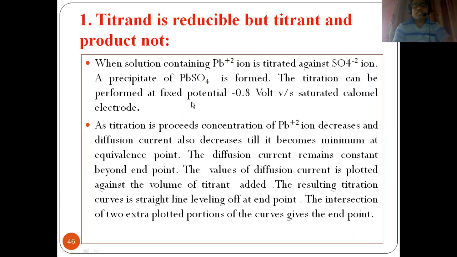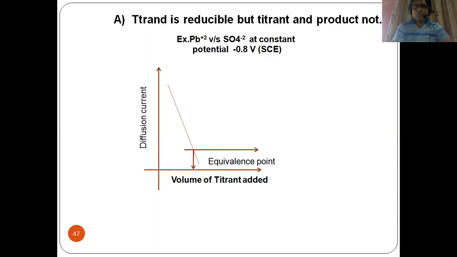The titration can be performed at a fixed potential of minus 0.8 volt versus the saturated calomel electrode. As the titration proceeds, the concentration of lead 2 plus ion decreases and the diffusion current also decreases, and reaches a minimum value at the equivalence point. The diffusion current remains constant beyond the endpoint. The value of diffusion current is plotted against the volume of titrant added, and we get this type of curve.